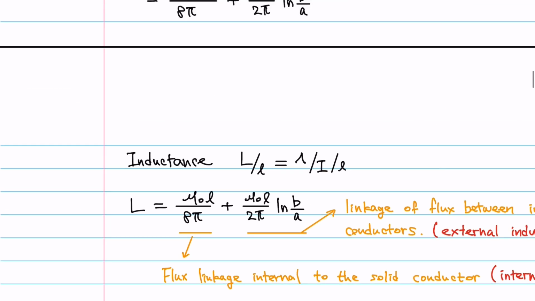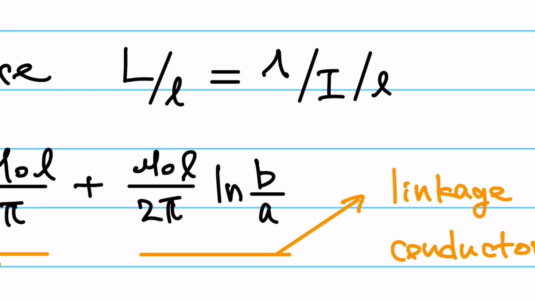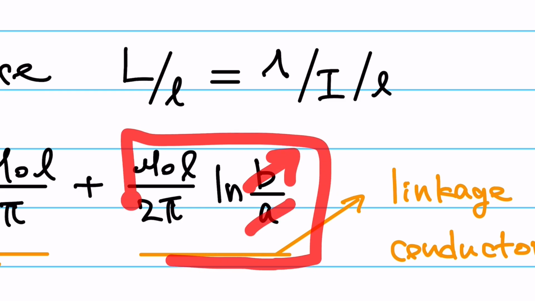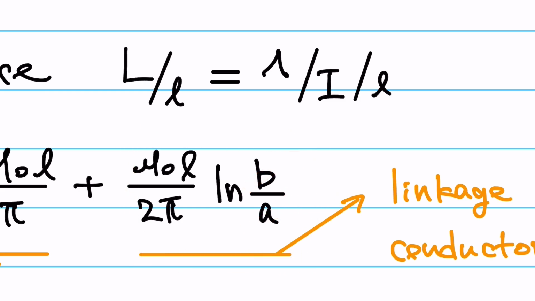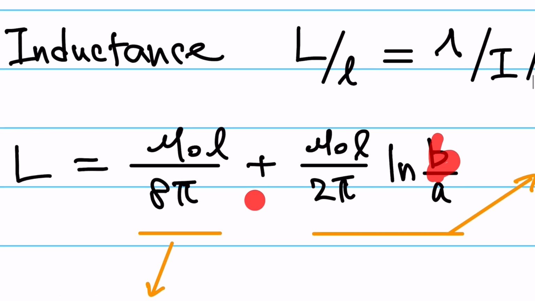But if you have a coaxial cable, this part plays a role, and you can change this value by playing around with the radius values of B and A. If you make A much greater, then the whole thing will go to 0, and it'll act like a bare conductor.